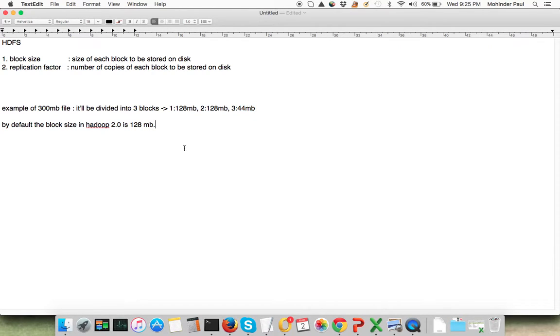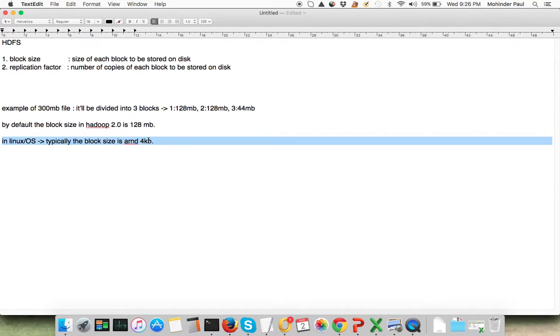That's true with typical Linux file systems. In Linux or any other OS, typically the block size is around 4 KB, right? In such cases, your minimum file size is 4 KB and it increases in chunks of 4 kilobytes.